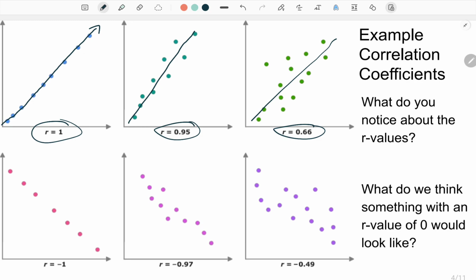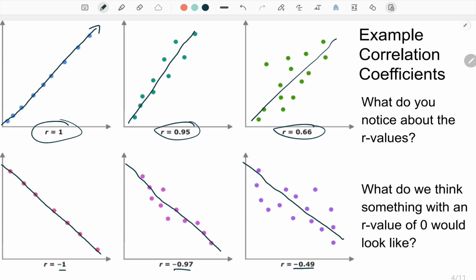For all the ones on the bottom, you can see they're all negative values. They're all going down as you go from left to right. And then you can see -1, again, is perfect. The closer you are to that -1 value, so -0.97 is really close to -1, the stronger the correlation. And this one, which is closer to 0, is not as strong of a correlation.